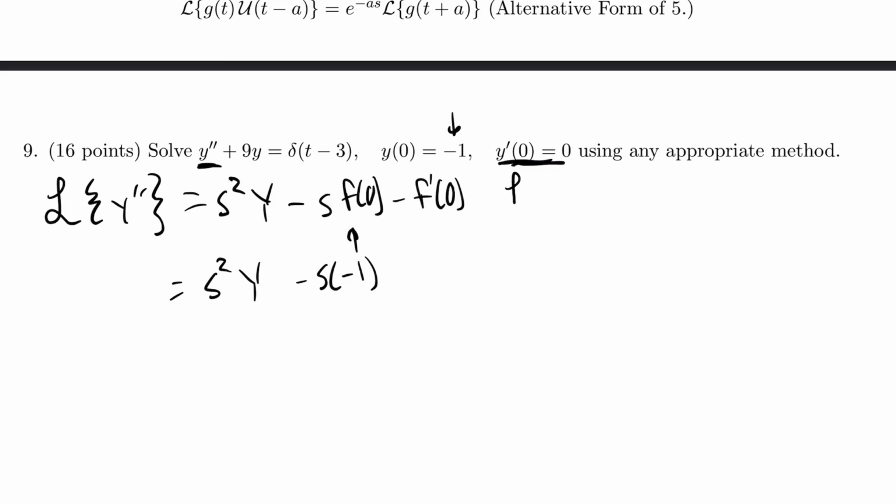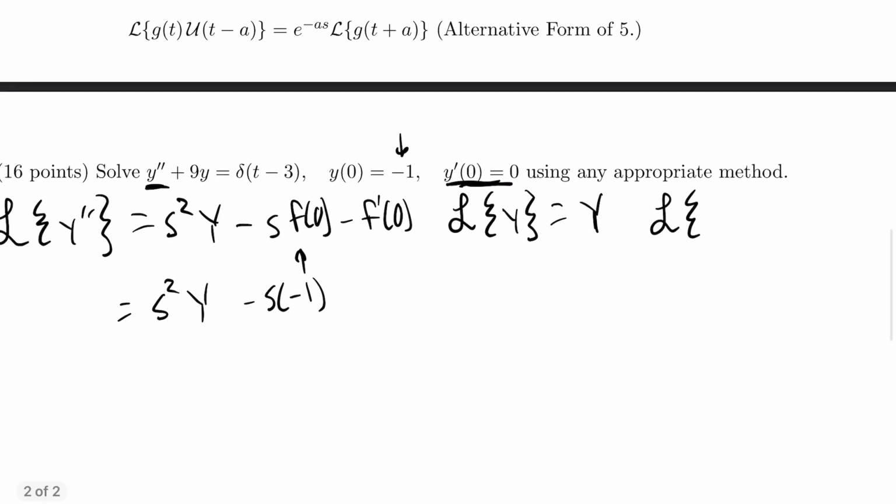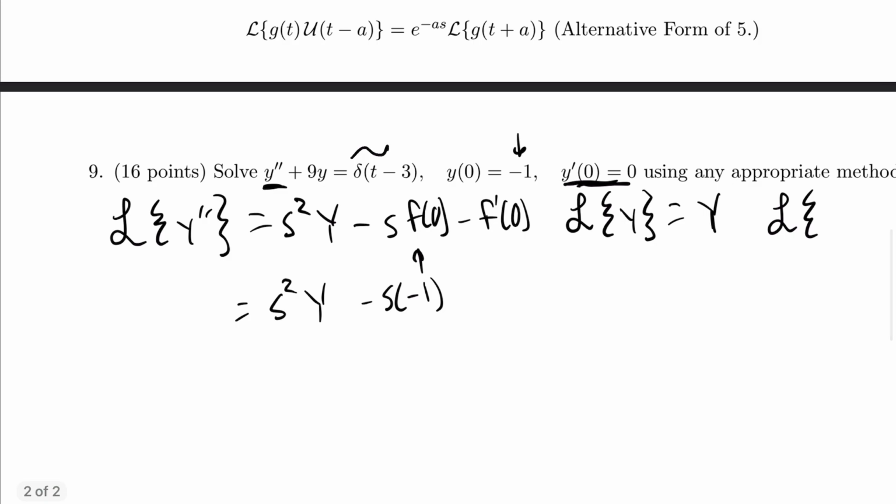And then let's take the Laplace transform of y, and that's simply equal to big Y. And then finally, the Laplace transform of this delta function. And remember, this is like you hit the system with an impulse that spikes up really quick and goes away.